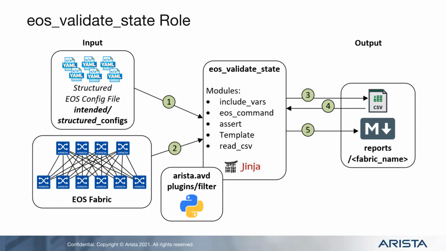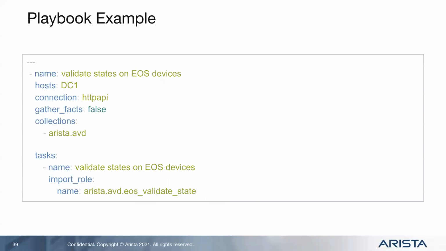In fact, what we're going to do here is pull those config files again, pull the state of your devices in the fabric, and then emit CSV and markdown reports for you, and we store them in this reports folder in the directory you're running your Ansible playbooks from. Again, we're just importing the role. Importing roles like this makes it really nice and simple when we're doing these kinds of operations.